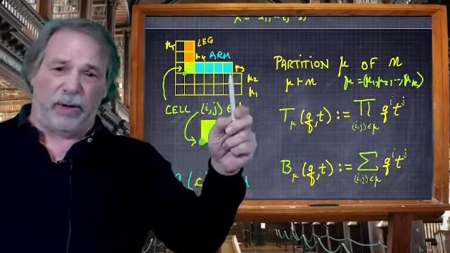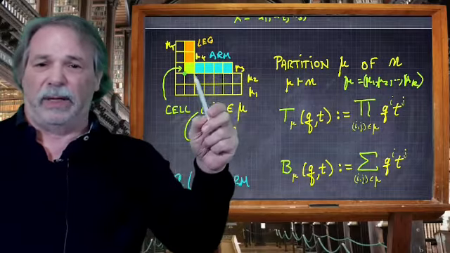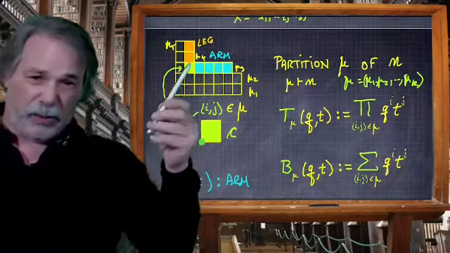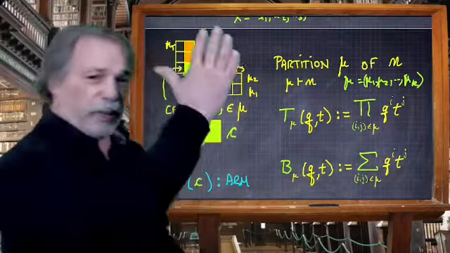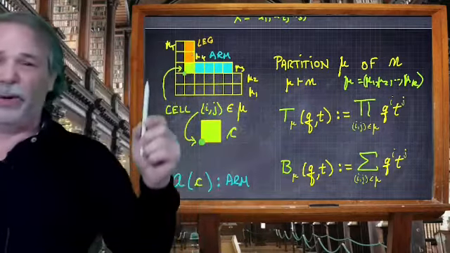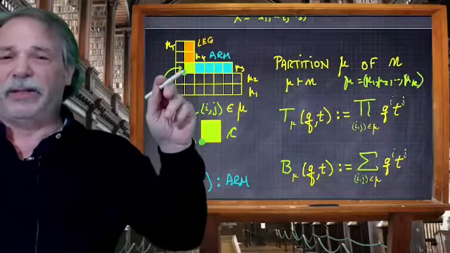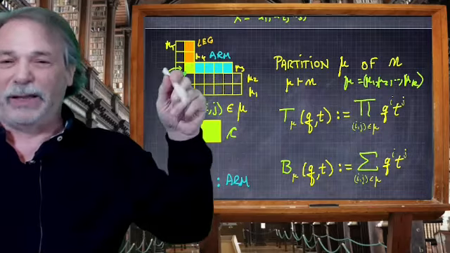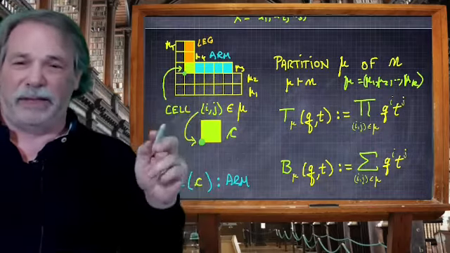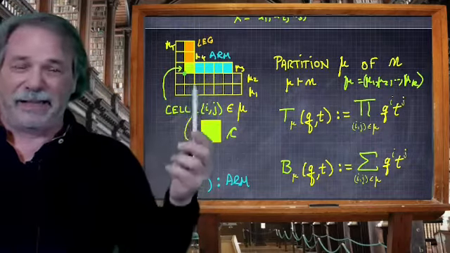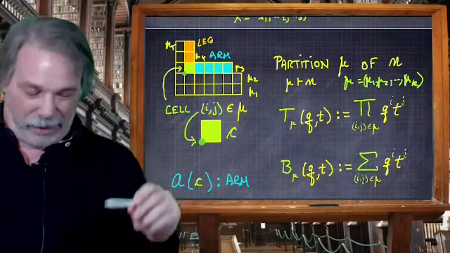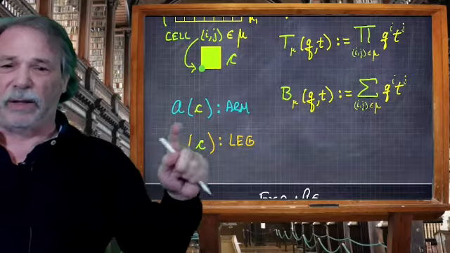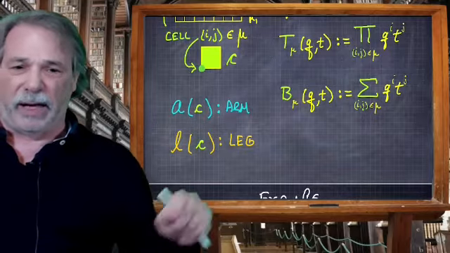The set of all these cells is called the arm of the cell. And Macdonald, who introduced these notions, would draw his partition like this. So he called the leg the cells that would sit for him below, but for us above. So in French, legs, they point up. The arm of a cell, I'll call A of c, and the leg of a cell, I'll call L of c.